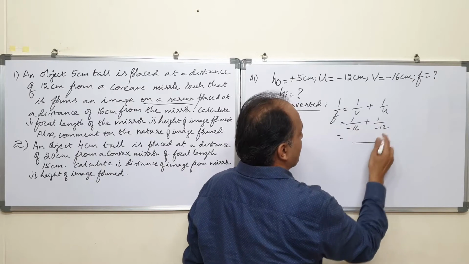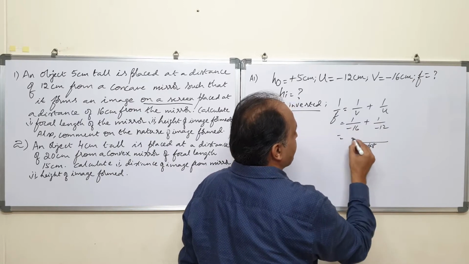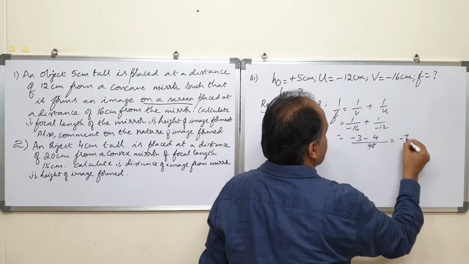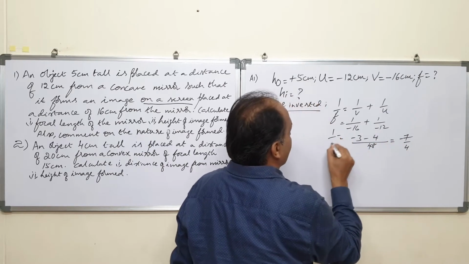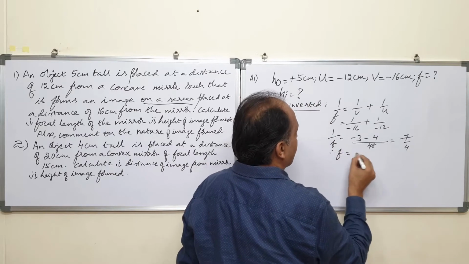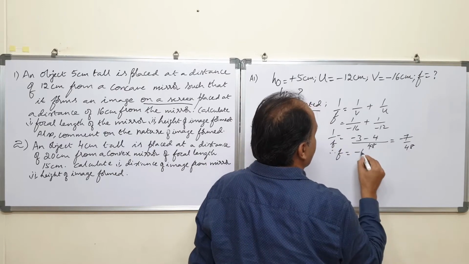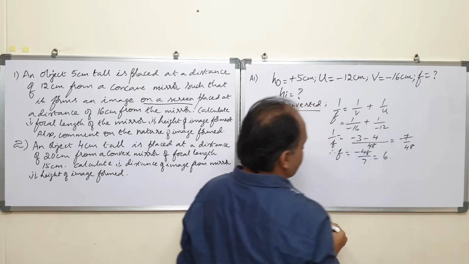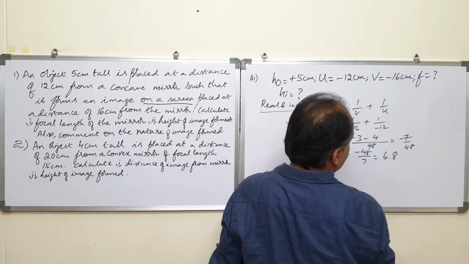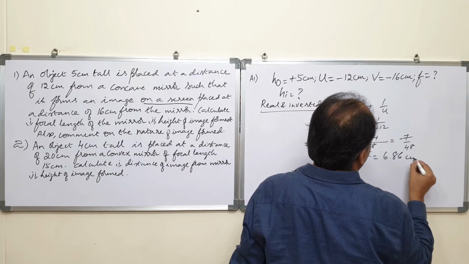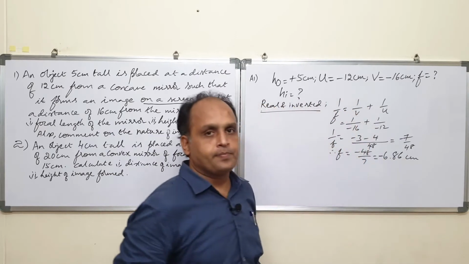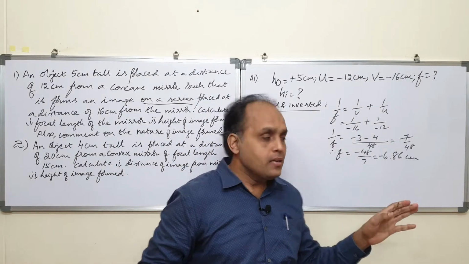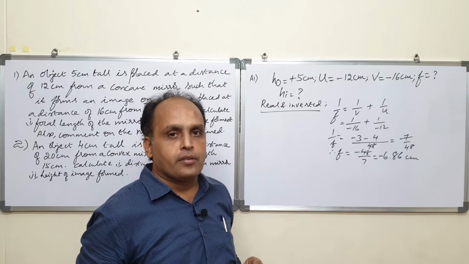So 16 and 12, the LCM is 48, minus 3 minus 4, which is equal to minus 7 by 48 is 1 by f. Therefore, f is equal to minus 48 by 7, which is minus 6.86 centimeters. Okay, minus 6.86 centimeters is the answer for the focal length.